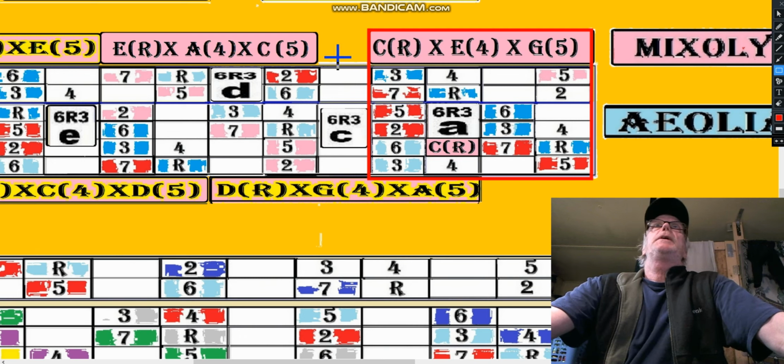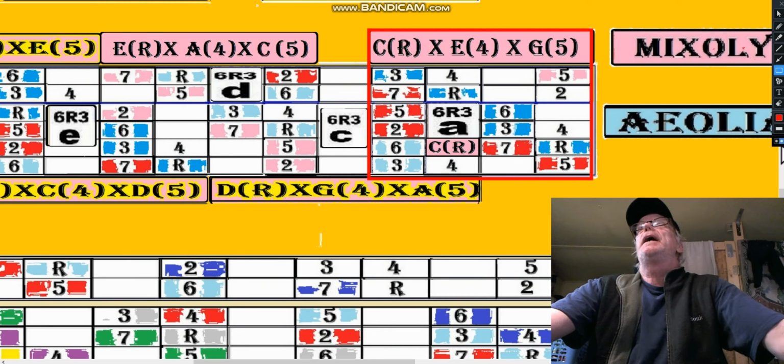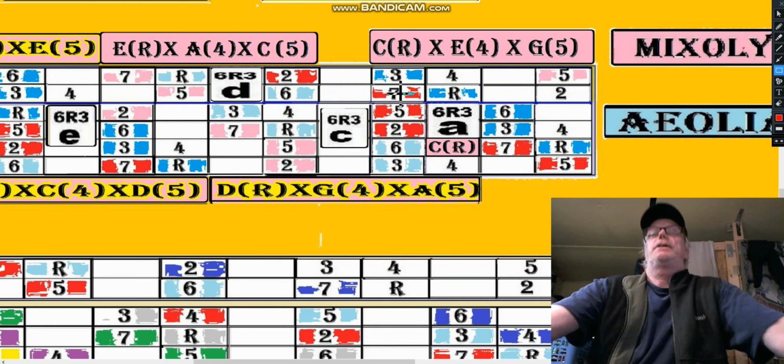This one skips the overlap, so I put the overlap alternating top, bottom, top, bottom. The next one that we have is the A-shaped fifth, which is here, which was part of the G-shaped fifth, because they share notes.